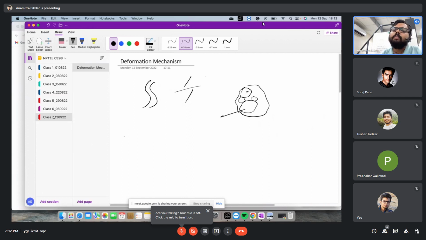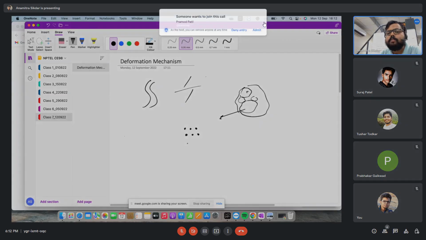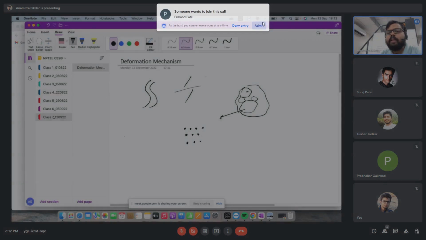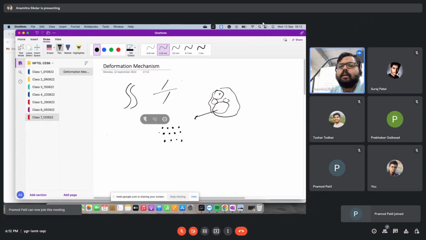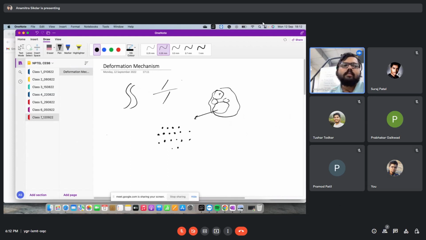Now the mineral, if we zoom in into one particular mineral, they have particular lattice orientation, right? If I want to draw the lattice of a mineral, it will be something like that. So depending on different crystal symmetry, a mineral can belong to any of the classes that we know, right?